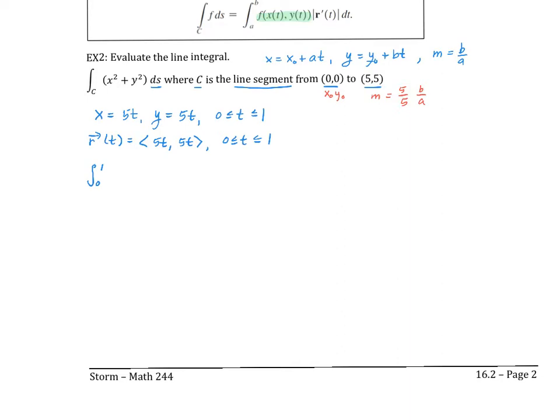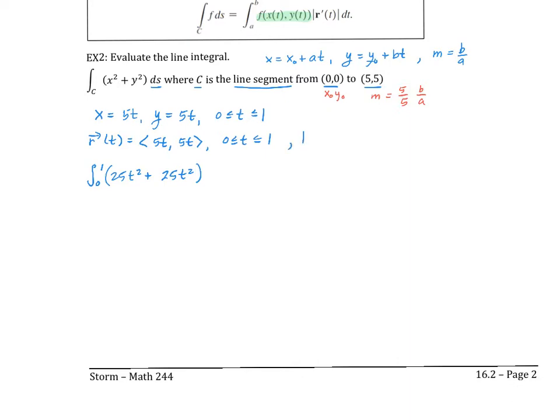So I have to replace the x squared and the y squared in my integrand with a function of t. And my x is 5t. So this is going to be 5t squared, or 25t squared, plus y squared is 25t squared. Now I want to multiply that by the magnitude of r prime.